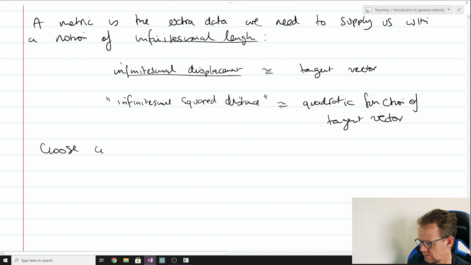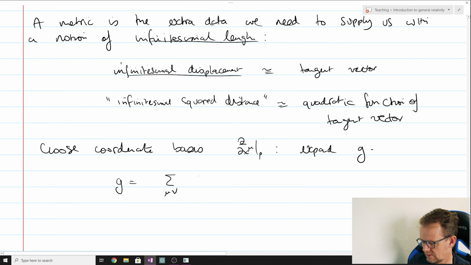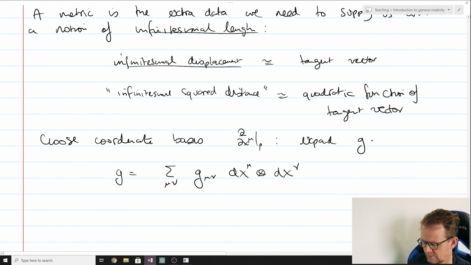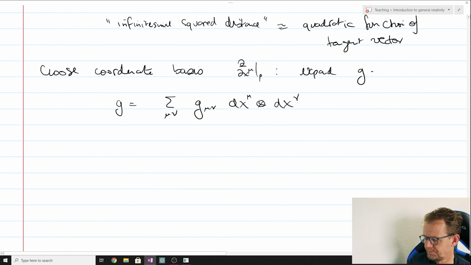So choose a coordinate basis. Expand G. G is a tensor of type (0,2). So when you expand it with respect to a coordinate basis, we've got to use the dual basis, dx mu, dx nu.